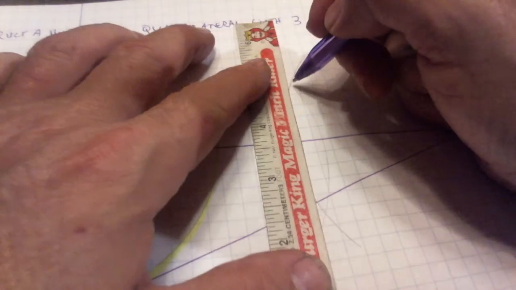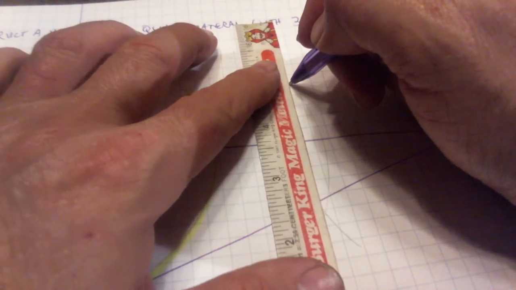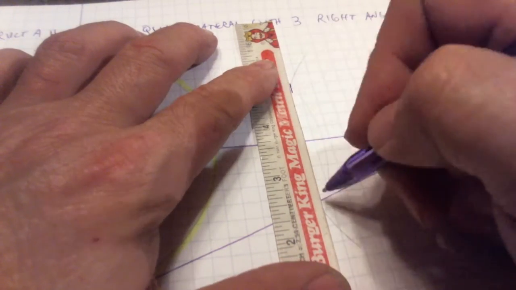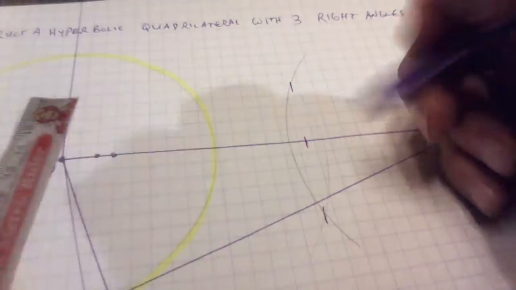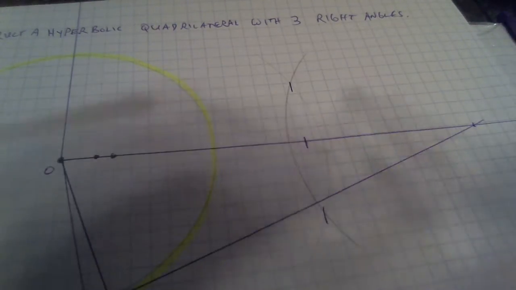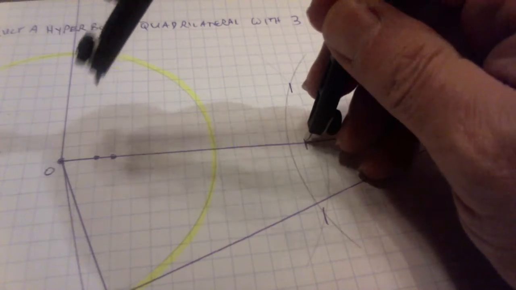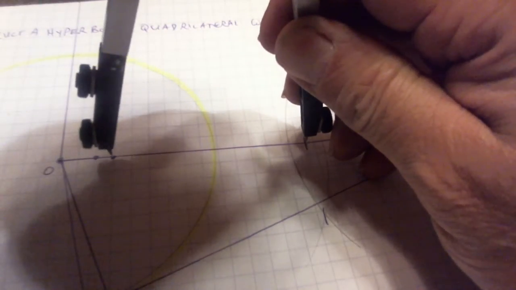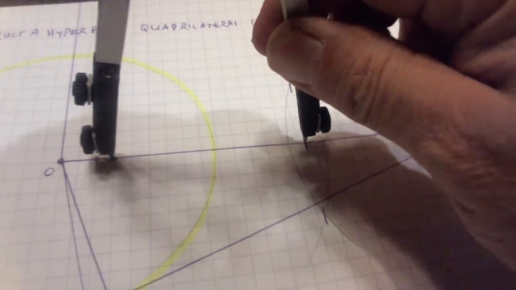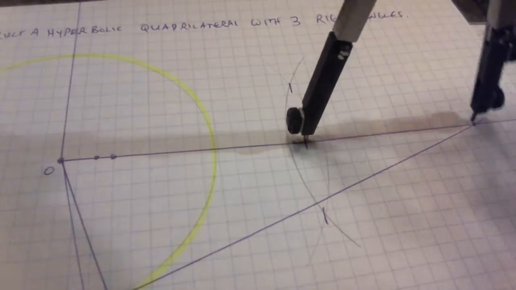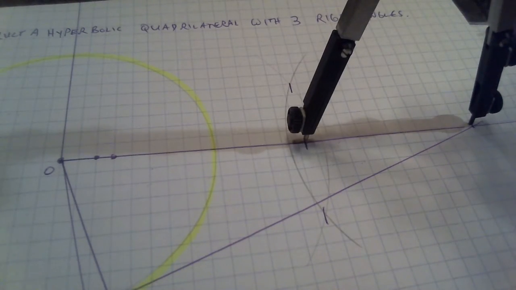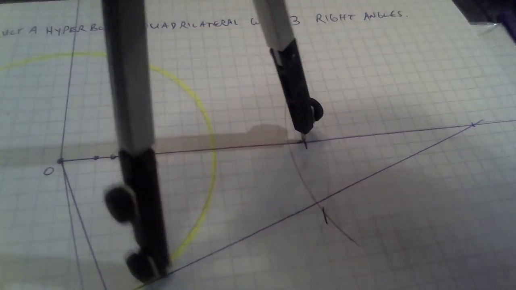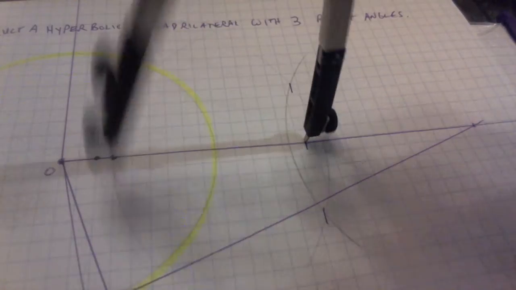So here's a point and a point to put my ruler on, and there's where that midpoint is. So when I put my compass point on there and I adjust to catch this point, check it out, okay? It should catch its inverse point back over there, and it does. So that guarantees that this is a hyperbolic line.